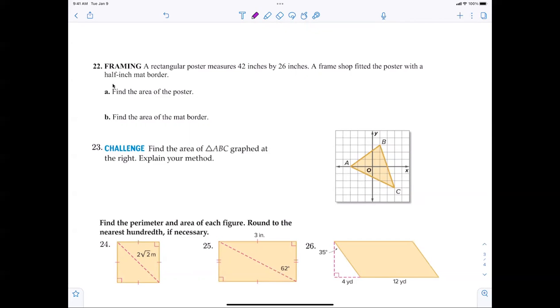We'll find the area of the poster. That's not a big accomplishment. What is that? 1092. Anybody else get 1092? Now, of course, we're going to say 1092 what? Inches squared.